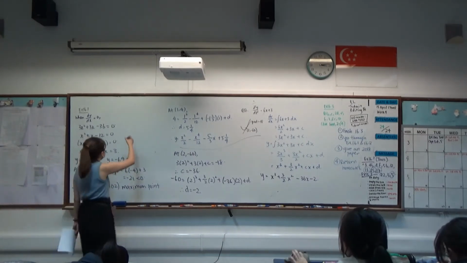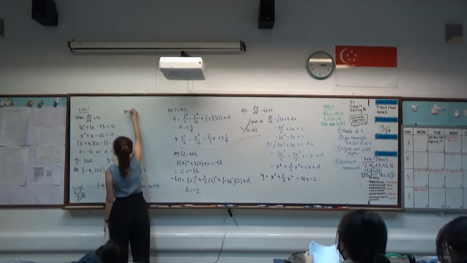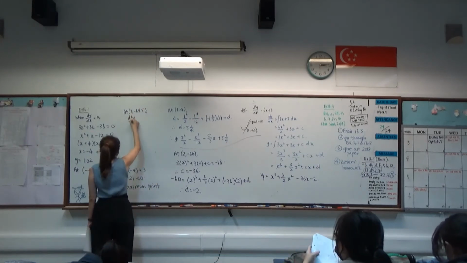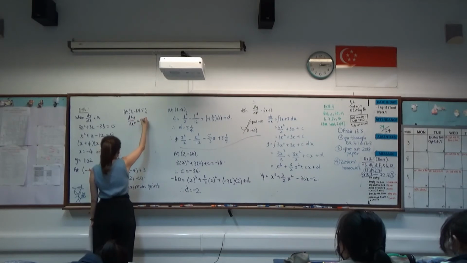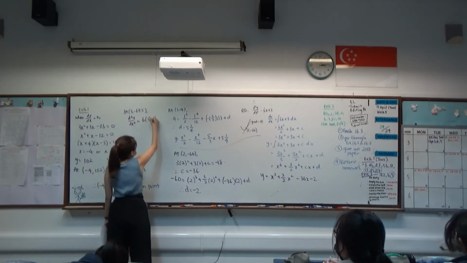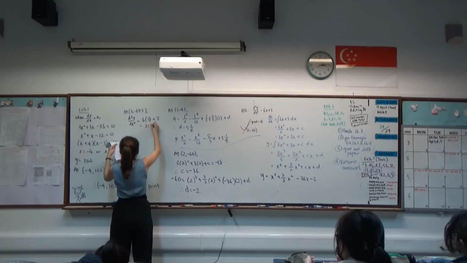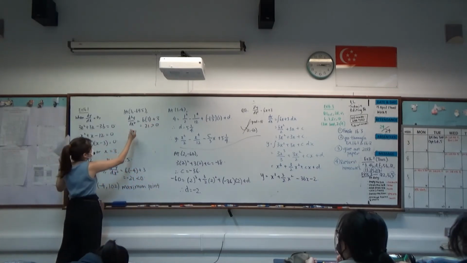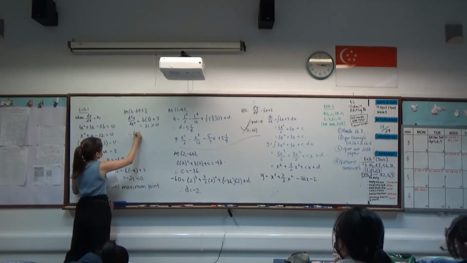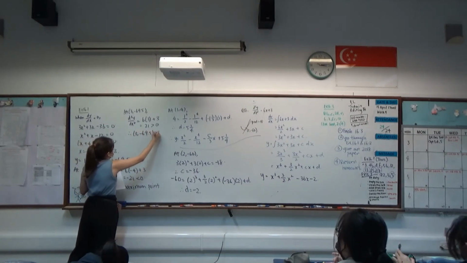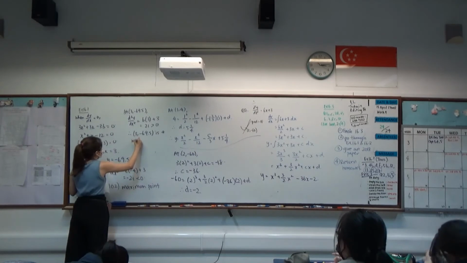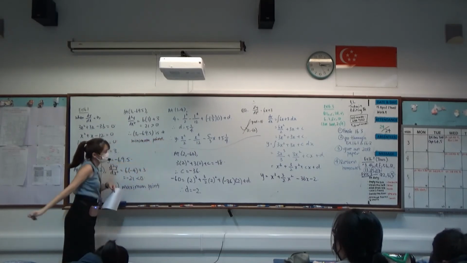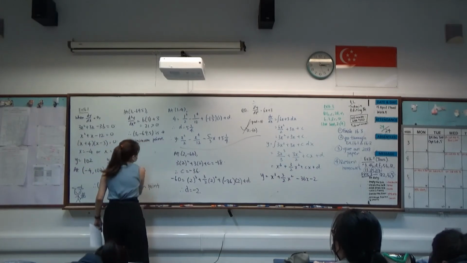Then, likewise, second derivative is more than 0 for this point, so therefore it's a minimum point. Okay, sorry that it's a bit messy and disorganized.